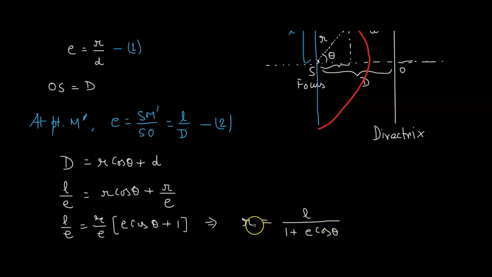So here we can see r, which is the coordinate of the locus of the point P. This is given by this particular expression, which represents a conic section.